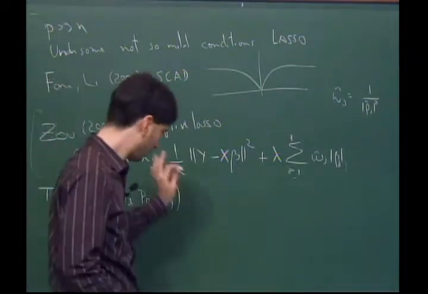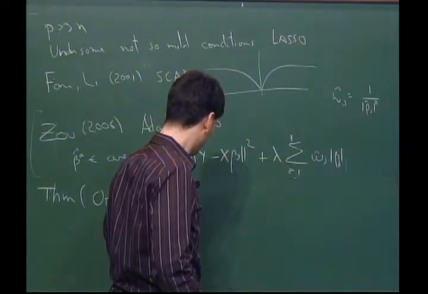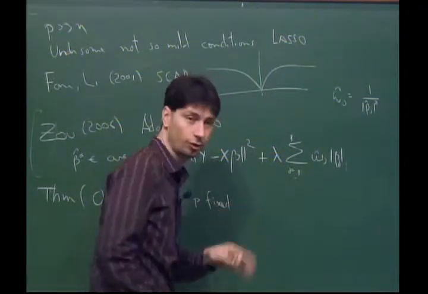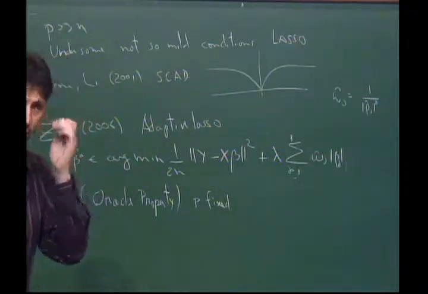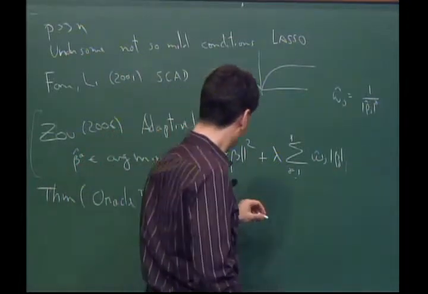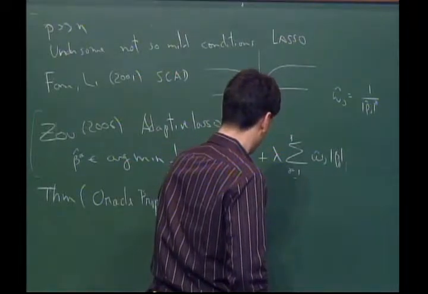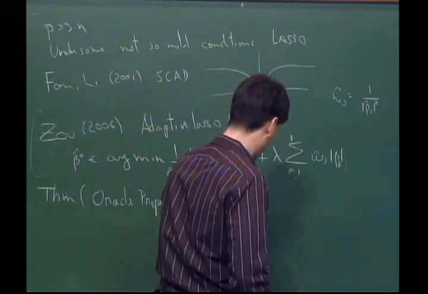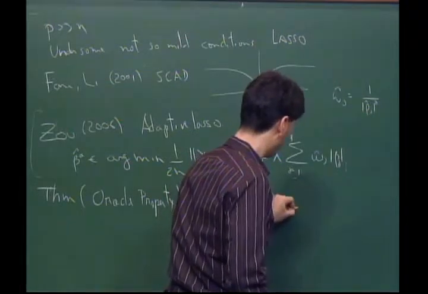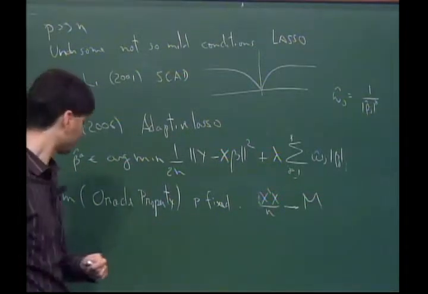So for now, I want you guys to think about p fixed. And the next theorem is going to make it clear why that's the case. So think about p fixed, and essentially I want X transpose X over n to converge to some well-behaved matrix, some kind of positive definite matrix.